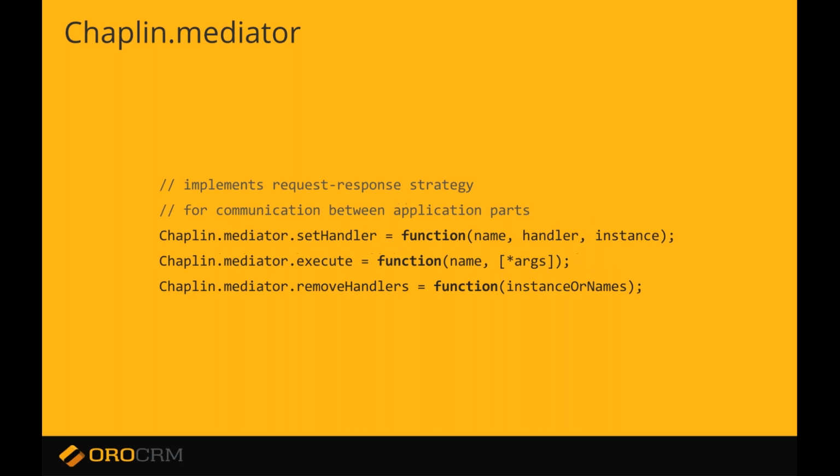The other useful way that Chaplin provides us is another pattern, the request response strategy. So it allows us to declare a handler and execute the handler from another place of the application.